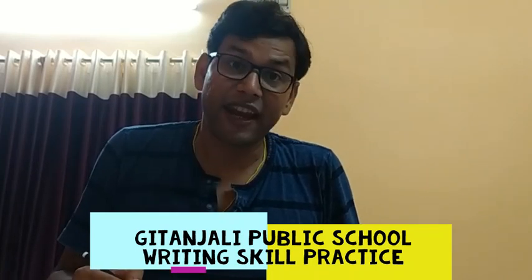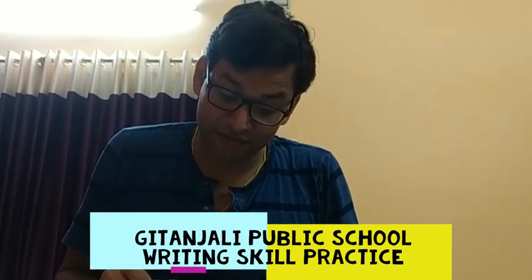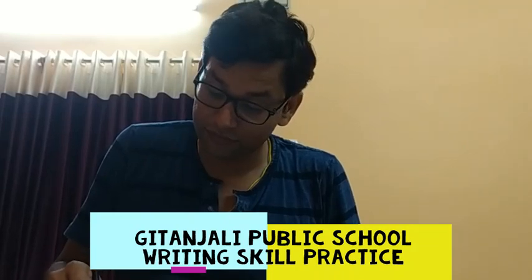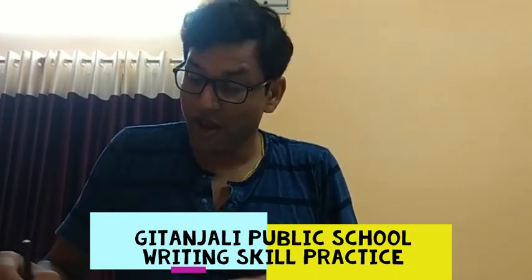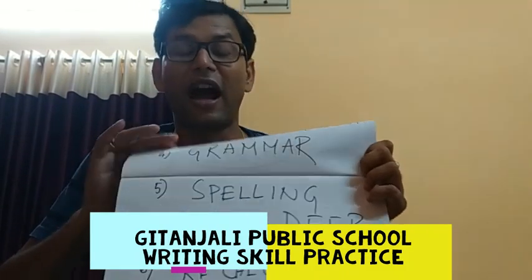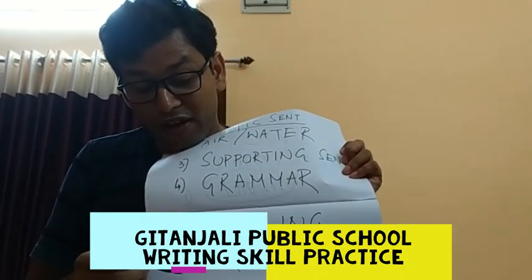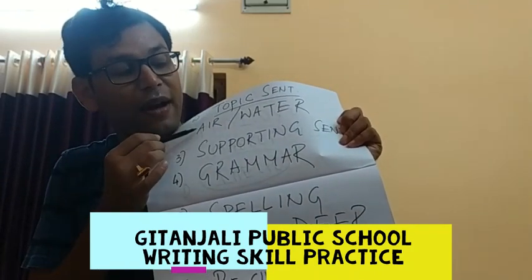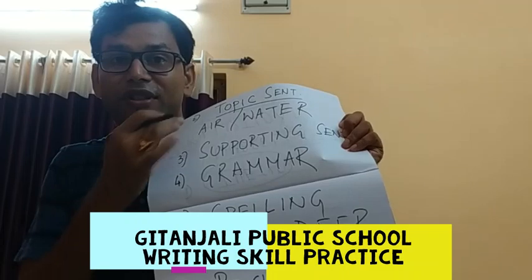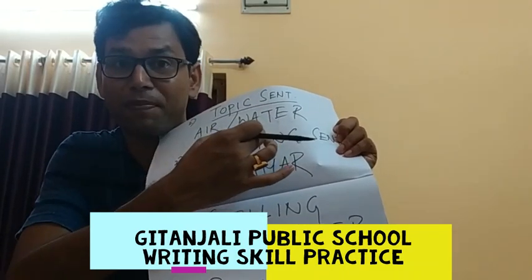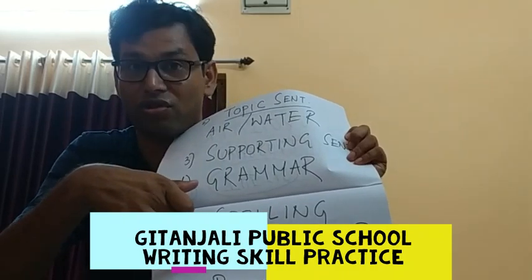Number 6 is rechecking. When you are rechecking, you are checking all these portions once again. Because when you are talking about air pollution, suppose air pollution is going to be your topic sentence, you should not mix water pollution in that passage.